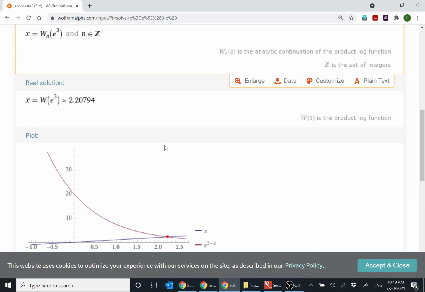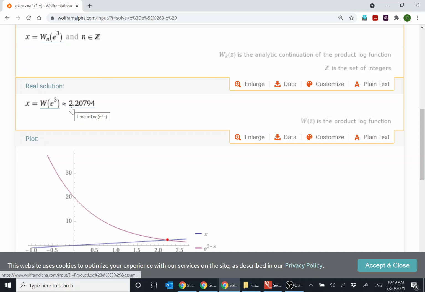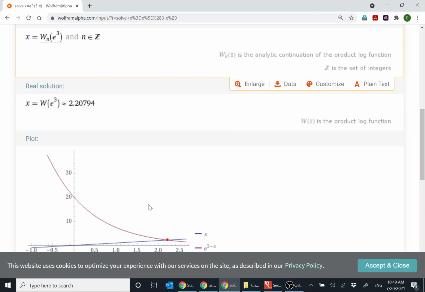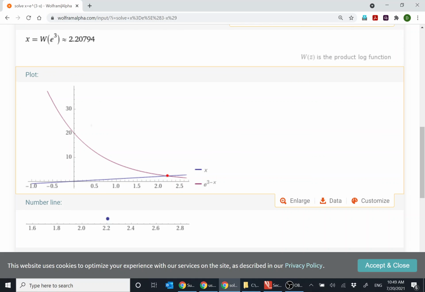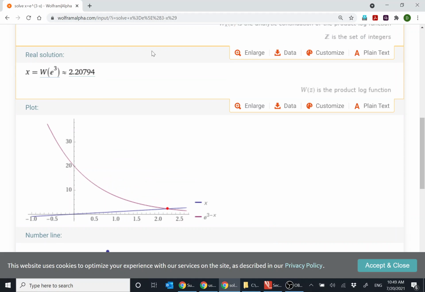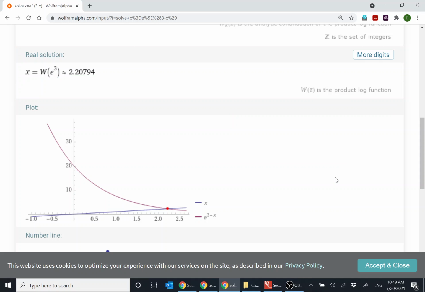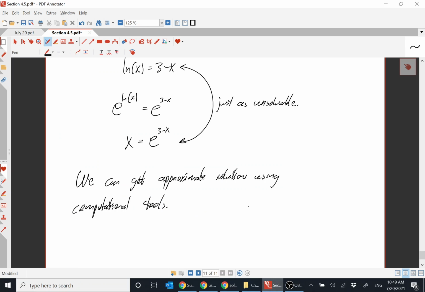Okay, and it approximates that as 2.20794. So let me actually copy this, stick it in here.